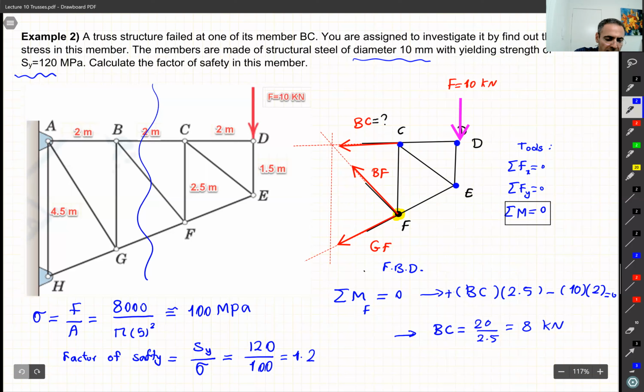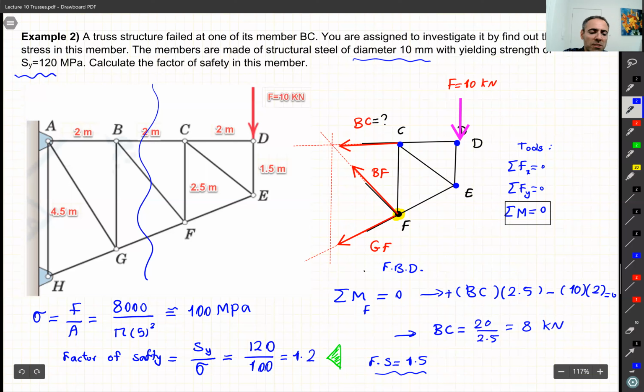But the truss failed. So you go to your book, and in the catalog, you realize that people in the past who have done tests and designed trusses choose a factor of safety of at least 1.5 for trusses. So maybe that's the reason these things fail. The factor of safety was too small.